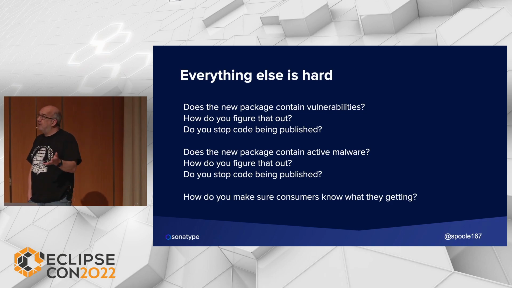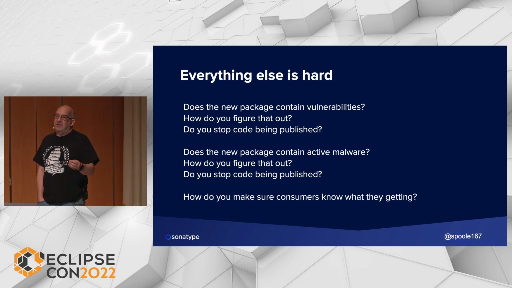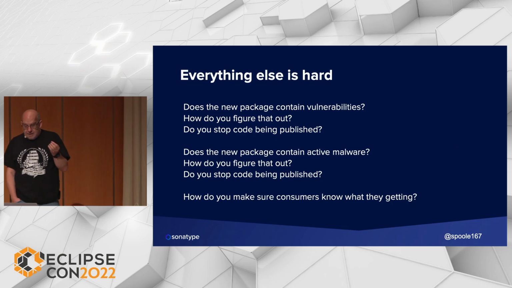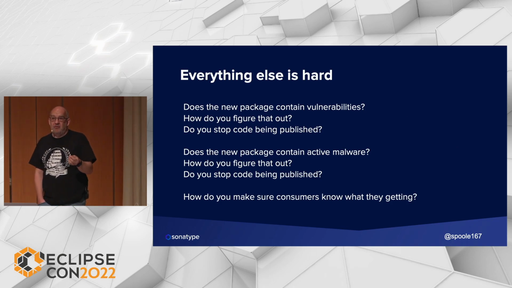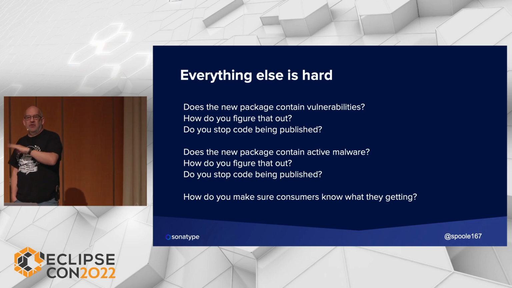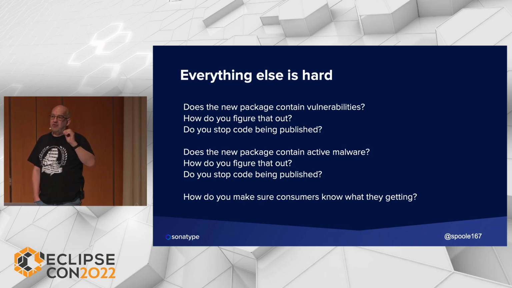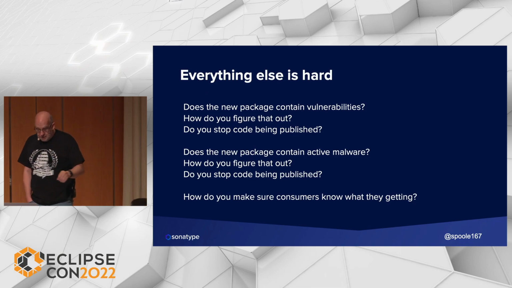And you haven't even considered how it is that you detect whether an open source project has vulnerabilities in, right? And if you do find something's got vulnerabilities in, do you stop it being published? And the answer is we don't. If it's got vulnerabilities in, then that's the publisher's challenge. If you try to publish something that's got active malware in and we spot it, that will get killed, right?